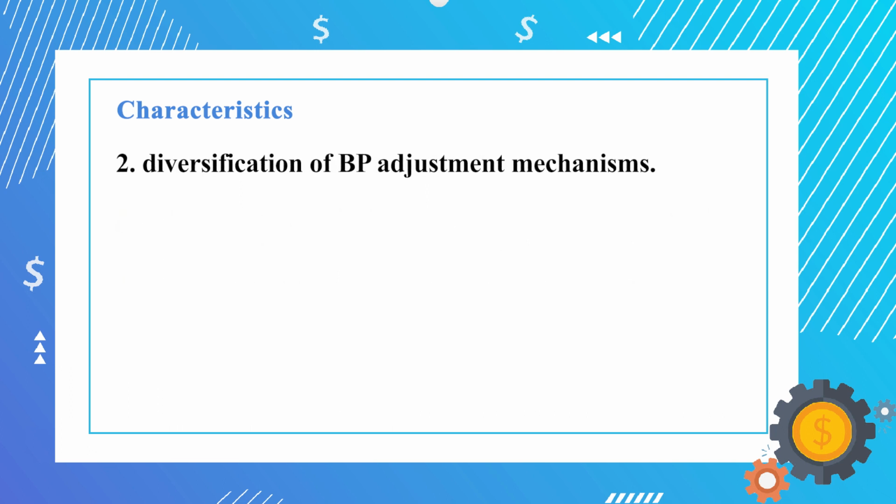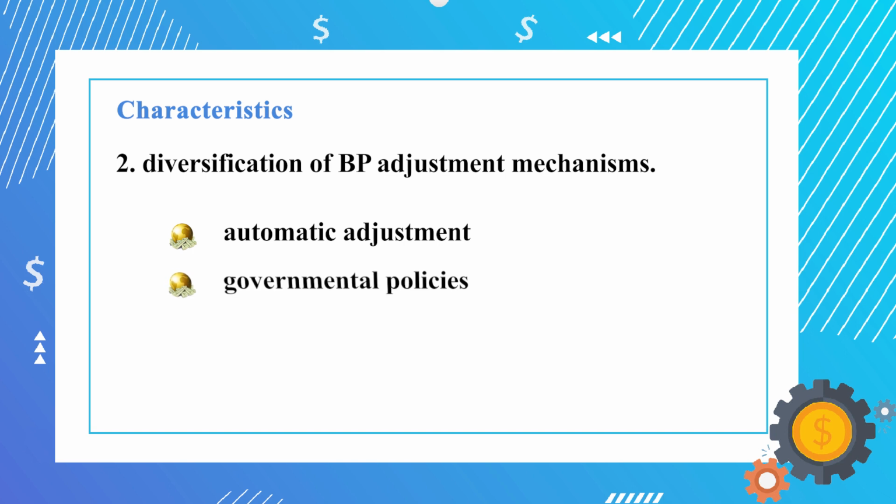Two is diversification of the BP adjustment mechanism, neither automatically adjusted like the gold standard, nor compulsively adjusted like the Bretton Woods system. Under the Jamaica system, both automatic adjustment and compulsive adjustment under governmental policies can be used in adjusting the imbalance.